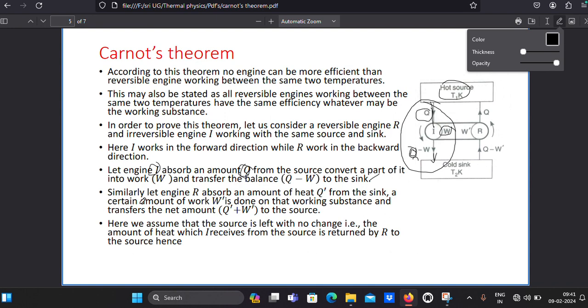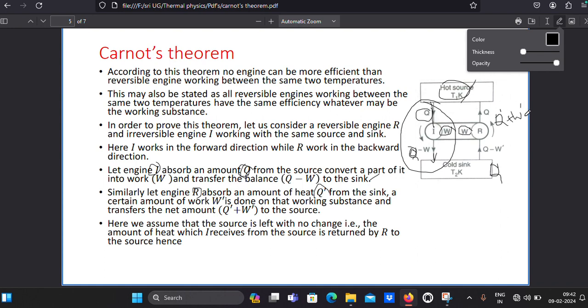Similarly, let R absorb an amount of heat Q dash from the sink. So from the sink it is absorbing a certain amount of heat, and work W dash is done on the working substance, and it transfers the net amount, Q dash plus W dash, to the source.